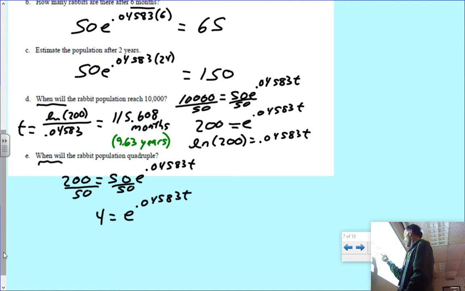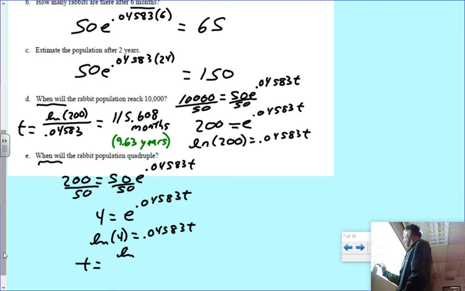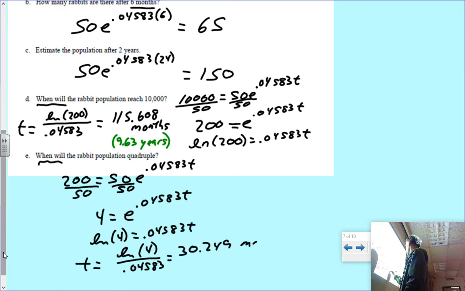Take the ln of both sides and then divide. So t in this case would be equal to ln 4 over 0.04583, which ends up being 30.249 months, and then 2.521 years.